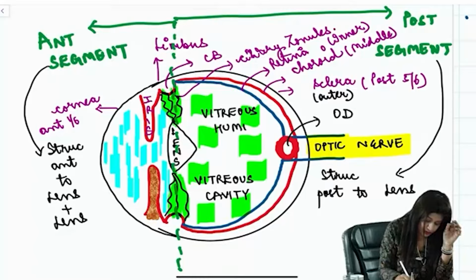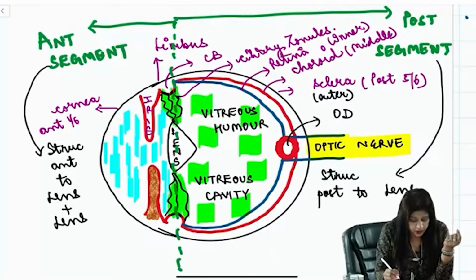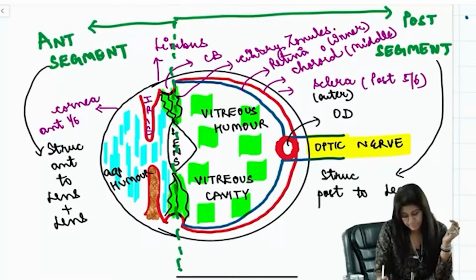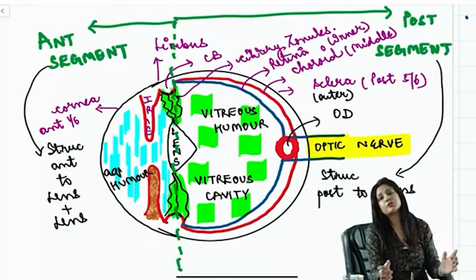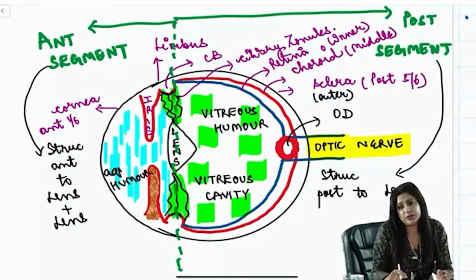Vitreous humor is made up of collagen. That is why we have used green color for this, and aqueous humor is water-like, that is why we are using blue color for it. Ciliary zonules, if you see, I have also colored with the green color because they are also made up of vitreous, right?